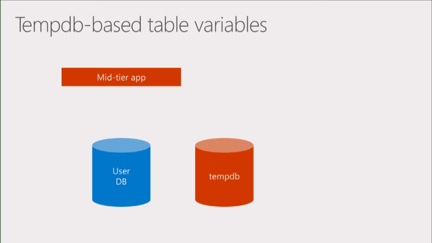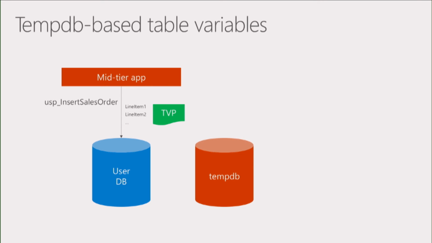So first, let's look at traditional TempDB-based table variables. So here we have a mid-tier application, a user database, and we have TempDB, right? In this case, the mid-tier application invokes a stored procedure. As an example, I'm going to insert a sales order, right?